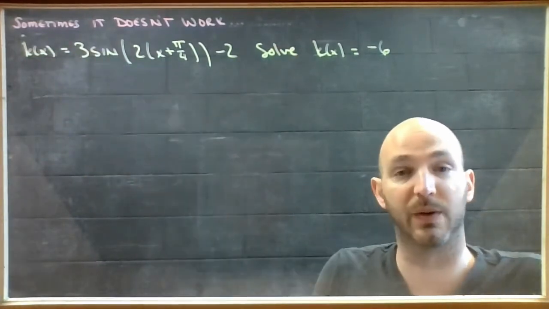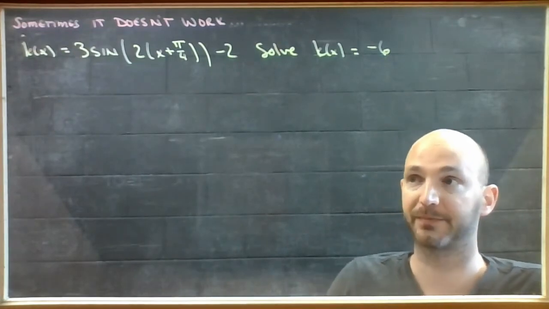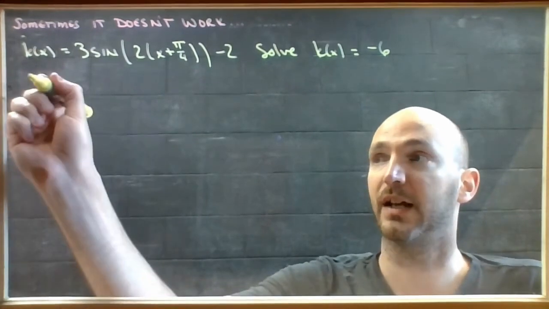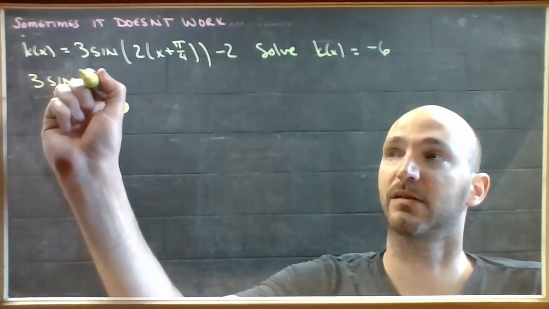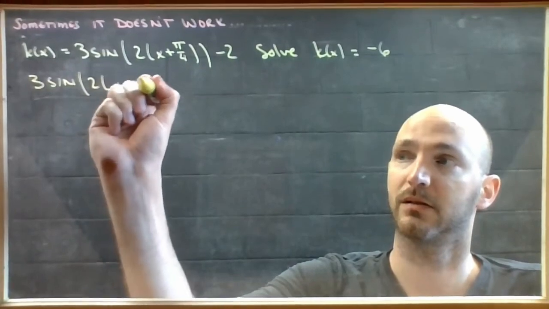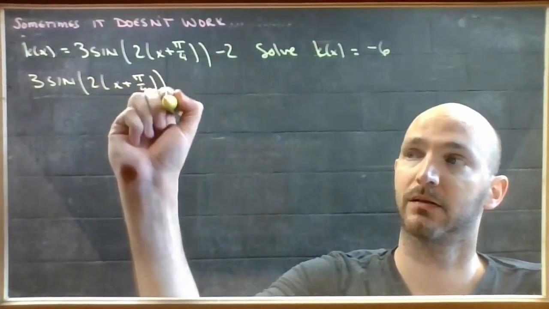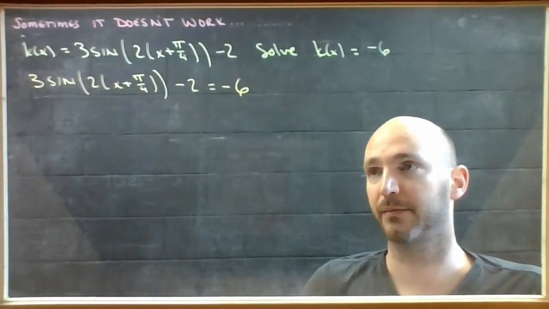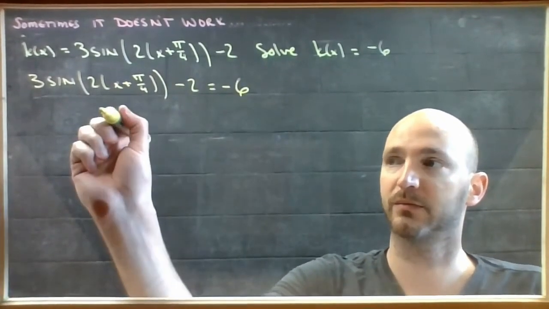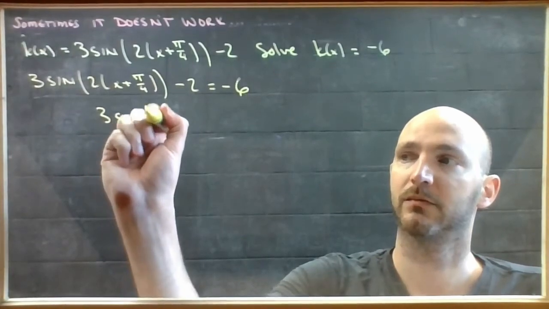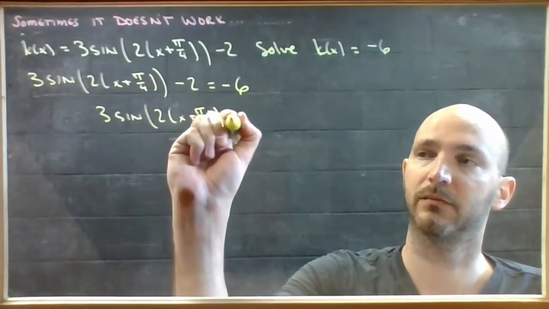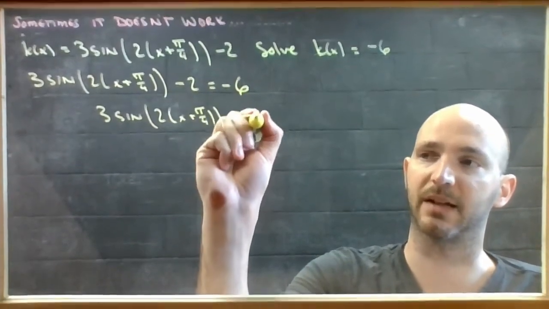So I'm just going to show you where that error shows up in the algebra. You set the function equal to the number you're after, as always. Okay, kick this 2 over. -6 plus 2 is -4.